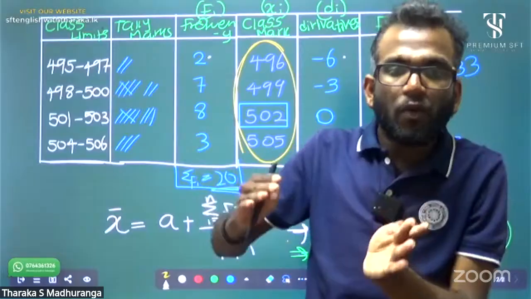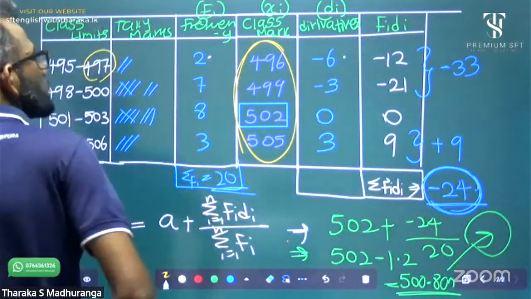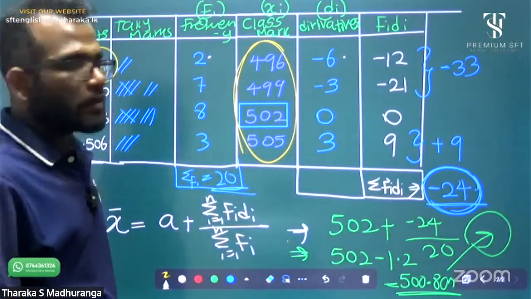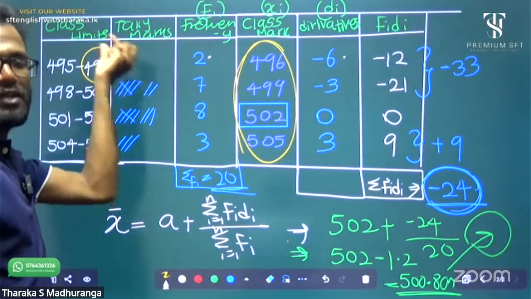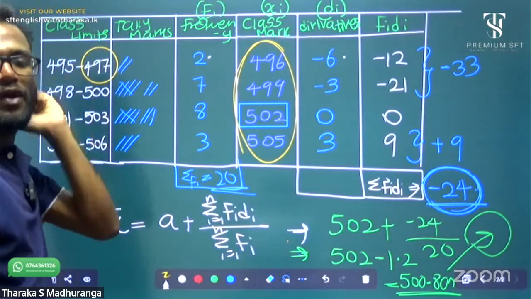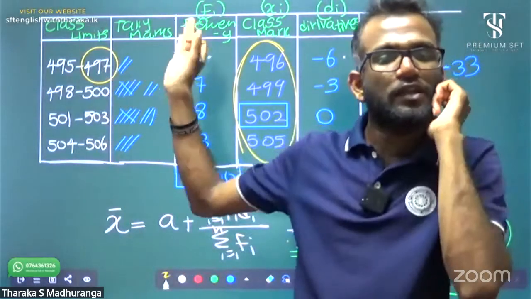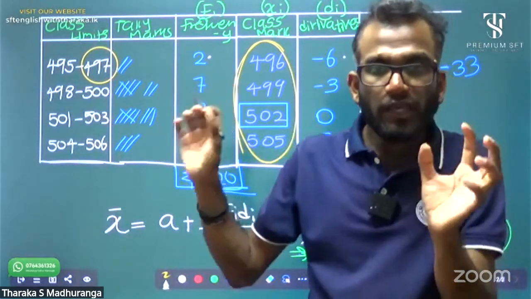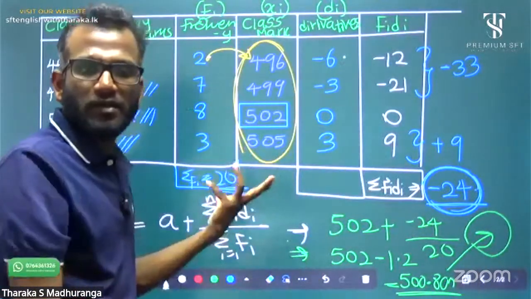Sometimes all the data can be 497. We don't know. It has two frequencies, that means two values between 495 and 497, but we don't know if it is 495 or 497, so we take both as the class mark 496.